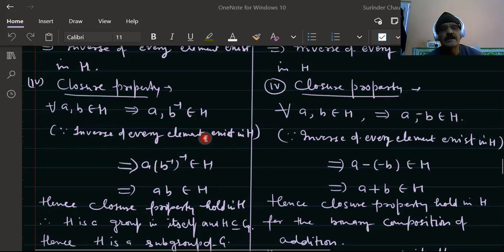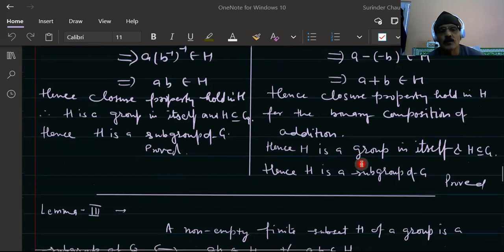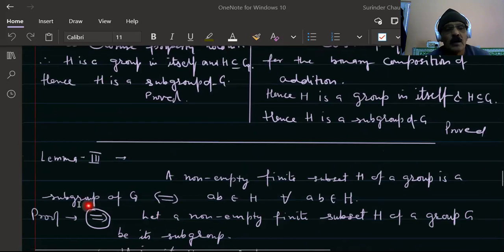Now the next lemma is for the finite set. The first and second lemma we have proved for multiplication, and you can prove them similarly for addition. A non-empty finite subset H of a group G is a subgroup if and only if the closure property holds in H. Now this is the necessary part.